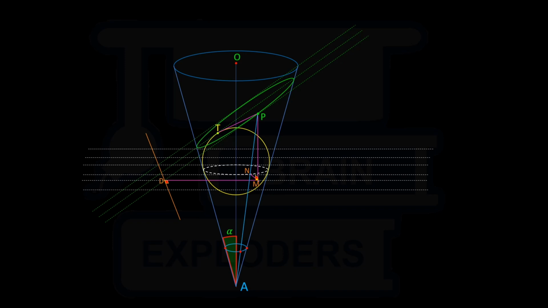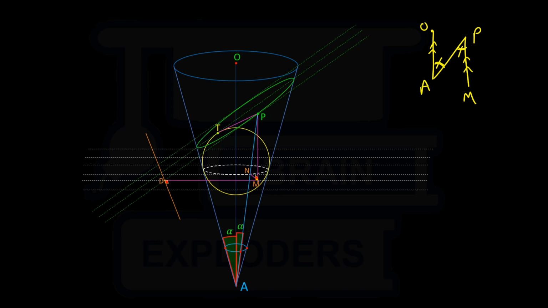Suppose the semi-vertical angle of the cone is alpha, so you will get that angle PAO is also alpha. Why? Because if we have two parallel lines and a transversal is drawn between them, suppose this is A, this is P and this is M, then these angles shown on the screen are called alternate angles and these are equal to each other.